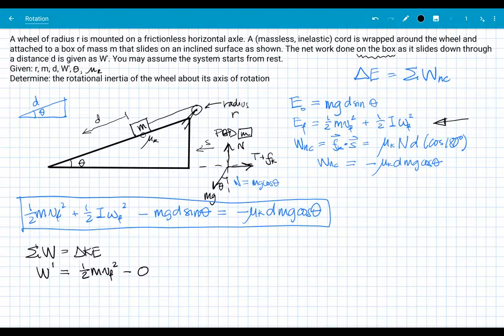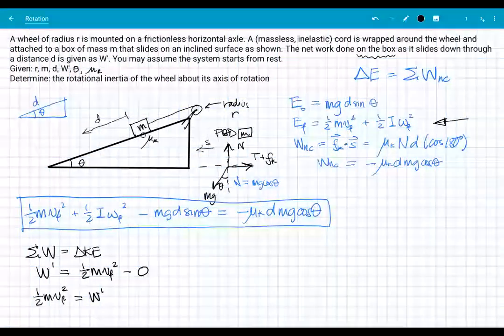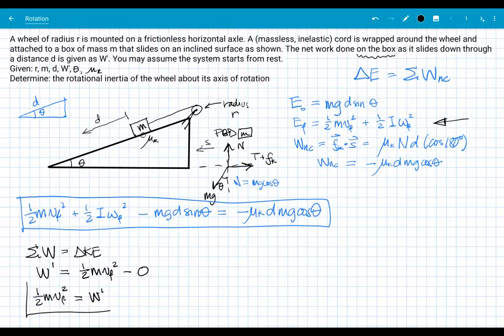So that's kind of nice, in that what this tells me is that 1/2 m v final squared is equal to this W prime, which is given. I like that because I can substitute that in nicely here, right? I see a substitution right there that I can enter right away, in terms of something I know. That simplifies that piece there.